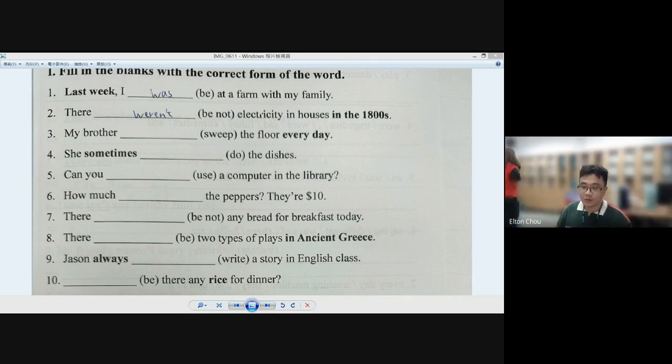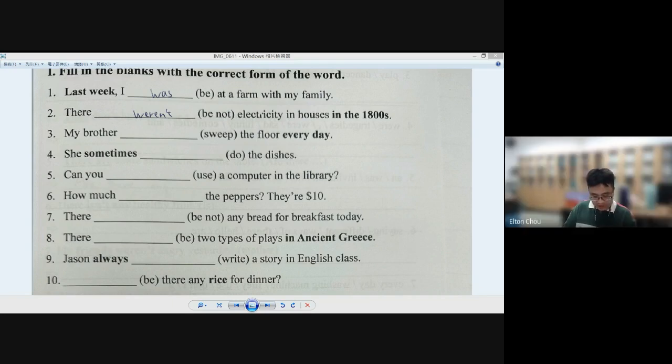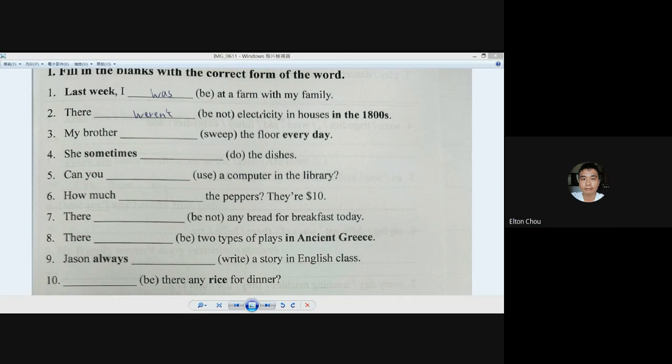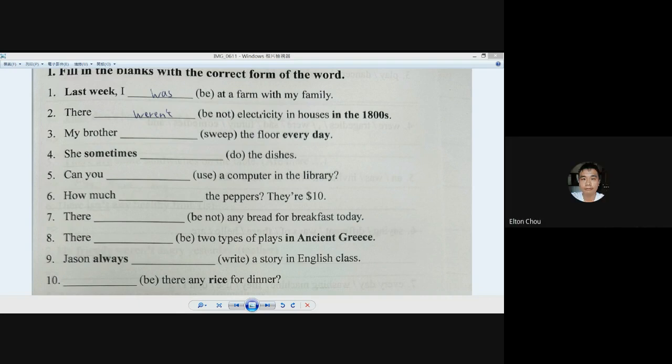Okay, so number three. In this semester, we learned about past tense, right? So everyone say yesterday, ago, last, and any time in the past.